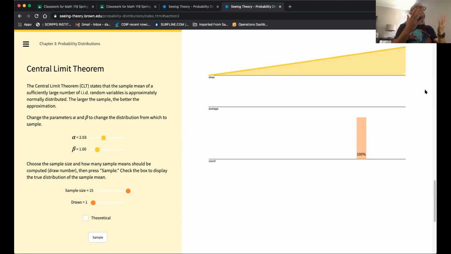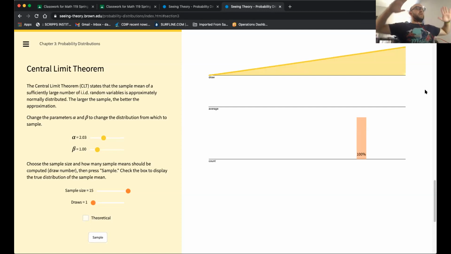Because if you remember in the formula, in the central limit theorem, we said that the sigma for x bar, for the distribution of the average, becomes the original sigma divided by the square root of n. Exactly. So if sigma gets smaller, then the curve becomes more compressed.